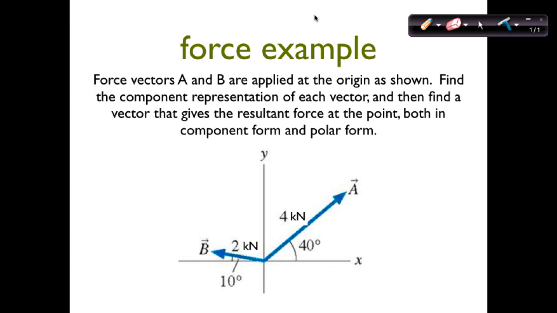So what is that? We know that component representation is kind of like an ordered pair, but not an ordered pair really. And so this is our component form. And what did those components symbolize or represent?